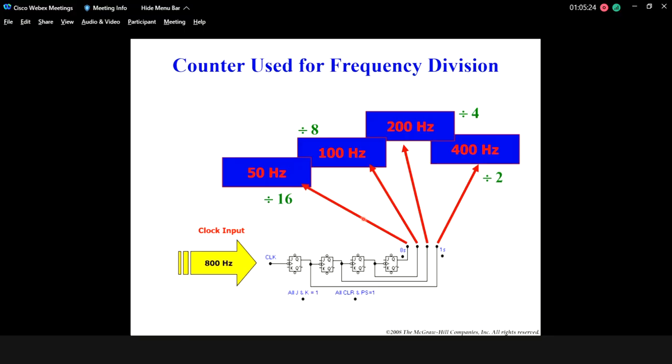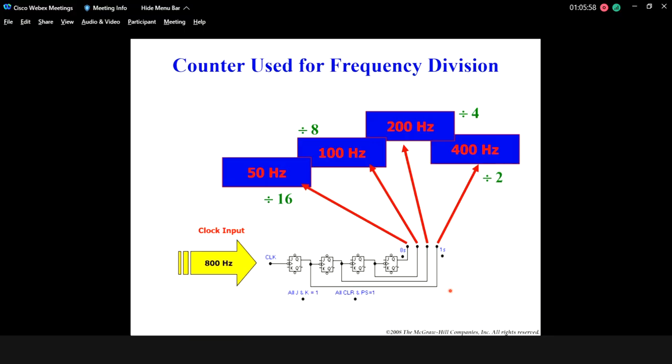So from 800, only one frequency, you can have another 4 frequencies, divided by the number of bits, 1 bit, 2 bit, 3 bit, and 4 bit, depending on the number of your counter. However, in this configuration you only get the lower frequency value.